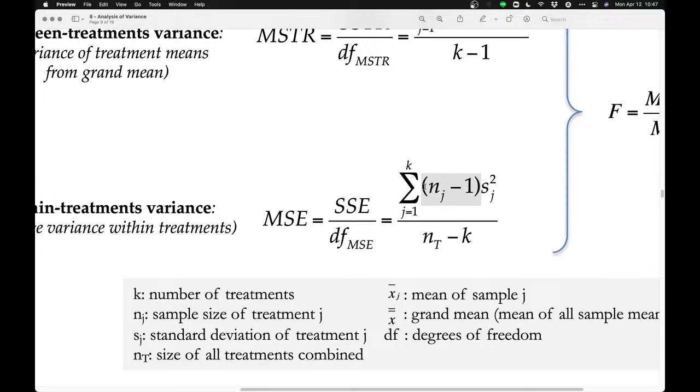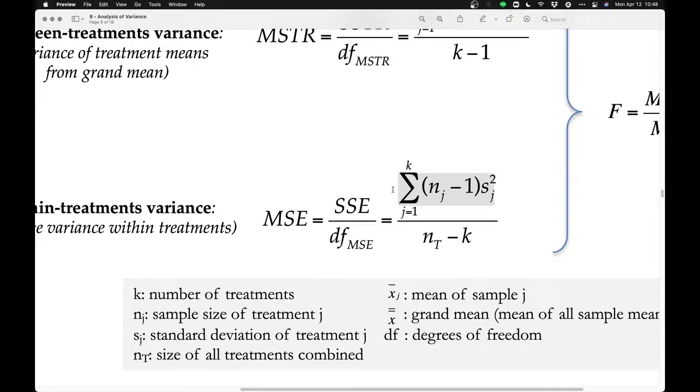Effectively, it's getting its variability, because remember, variance is variability divided by degrees of freedom. So if we take the variance and multiply by the degrees of freedom, we are removing the denominator of the variance and we end up with a variability again. So it's actually looking at the variability of the three treatments.